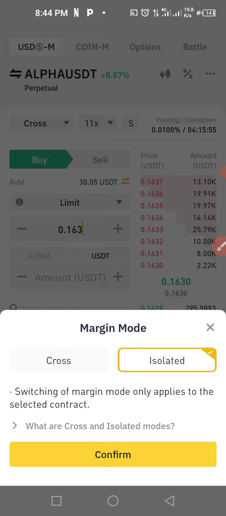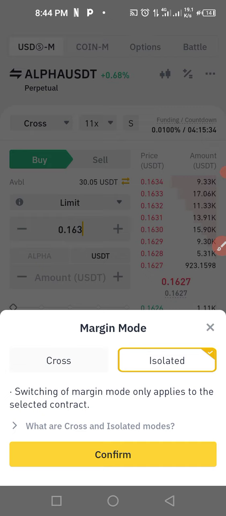So what I have left is $9. So if I get liquidated, that is, the market goes 100% against my set trade, what happens is that I will lose my whole $1, but nothing will happen to my $9. Did you get that? That is isolated.